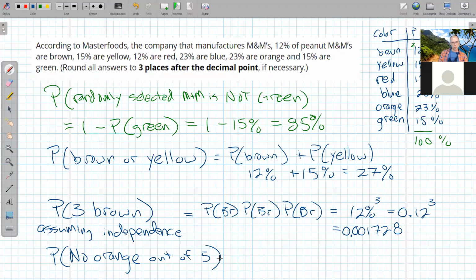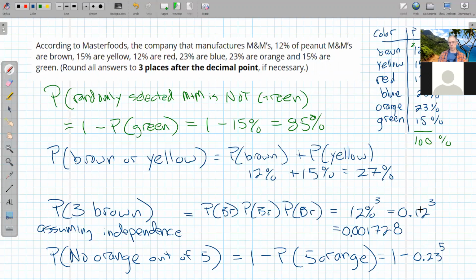So I think the way I would do this would be 1 minus the probability of getting 5 orange would be the easy way to calculate this one. So that complementary event idea can be pretty handy. So then that would be 1 minus the probability of an orange is 23%. We have to put it as a decimal. And that would be to the 5th power.